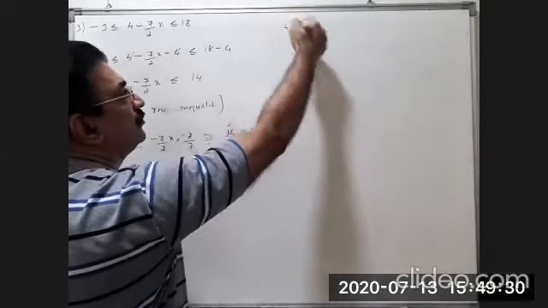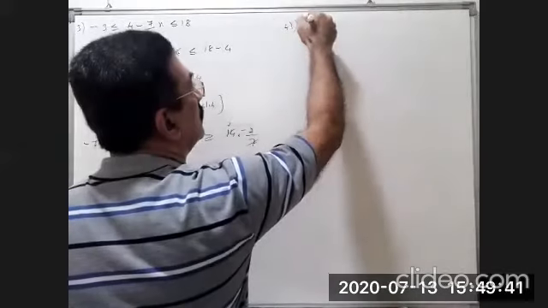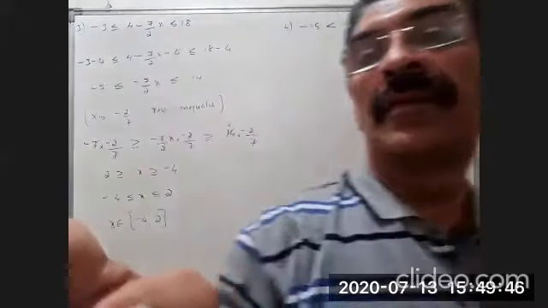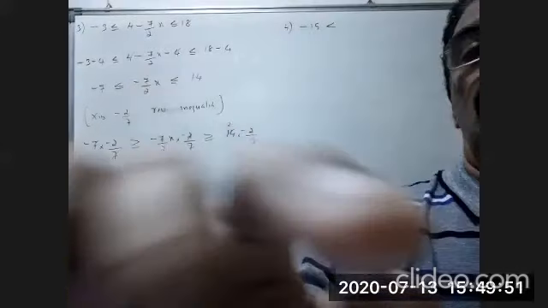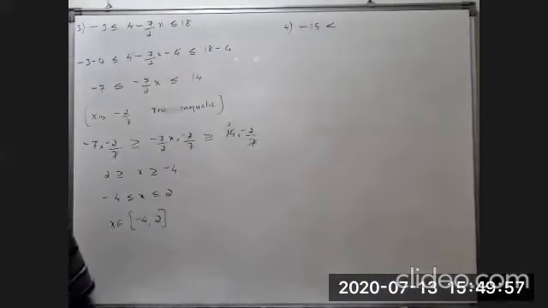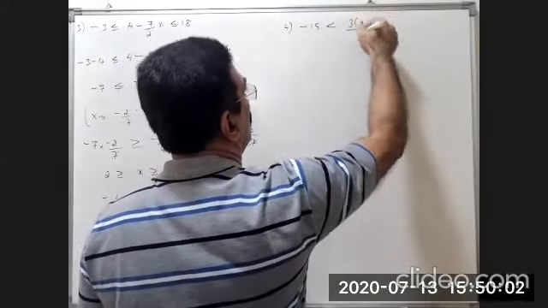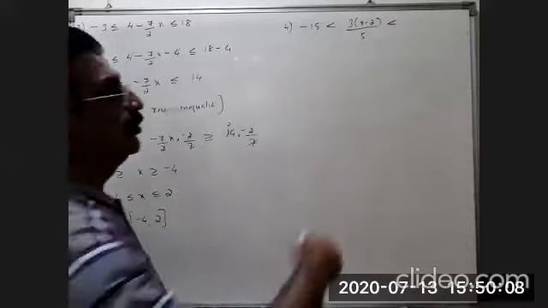Fourth one, minus 15 less than 3 into x minus 2 by 5 less than or equal to 0.